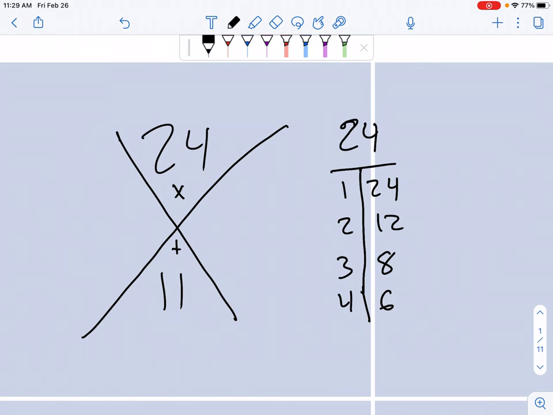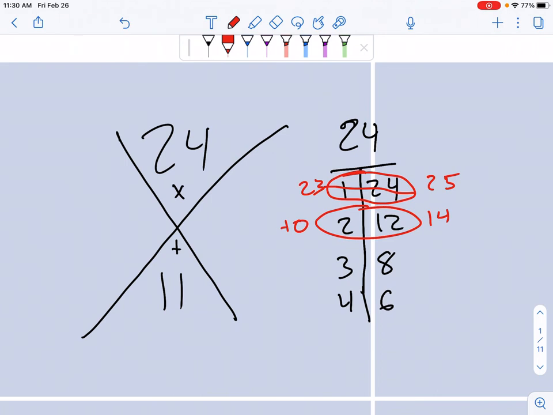So I'm going to look from left to right. Could 1 and 24 make 11? No, because that would either make 25 or 23 if I subtract. Can 2 and 12 make 11? This would make 14 or 10. So that one's no good. Can 3 and 8 make 11? 3 plus 8 is 11, and 8 minus 3 is 5.